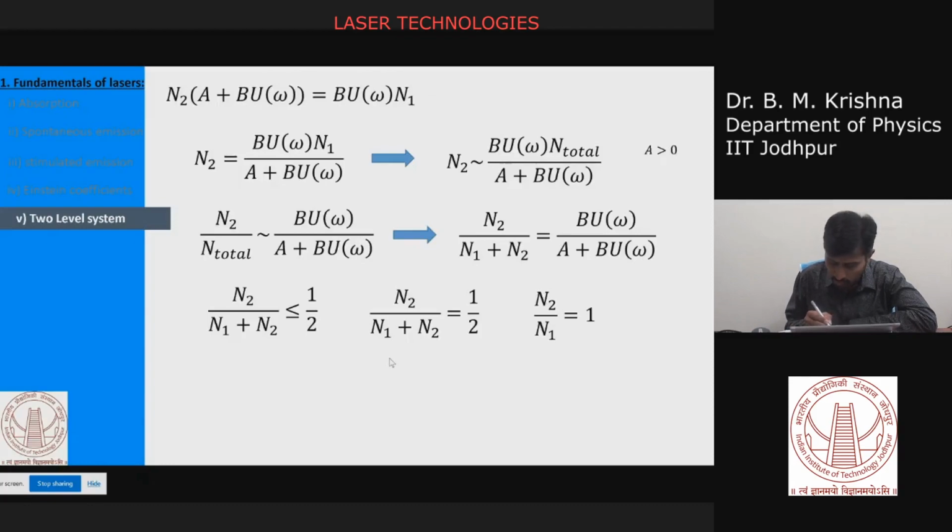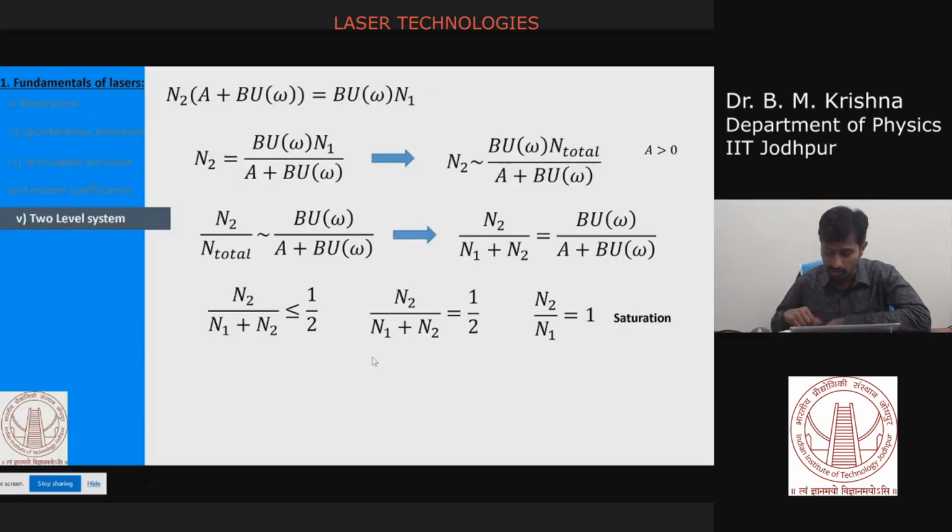So 2N2 minus N2 equals N1. So that means your N2 equals N1. So that is the final equation here. So your N2 by N1 equals 1. So that is your saturation condition.